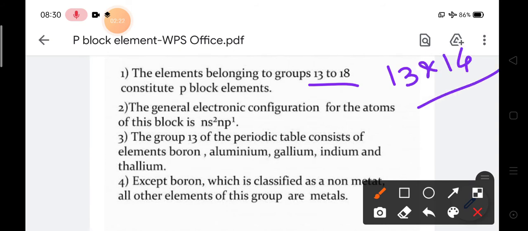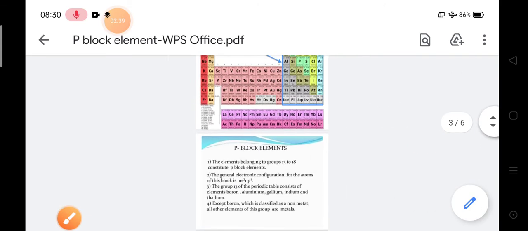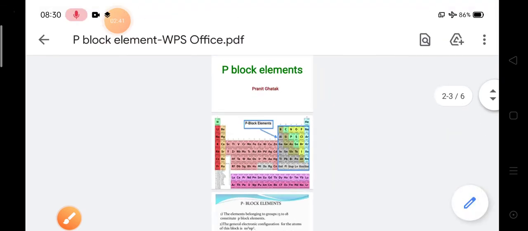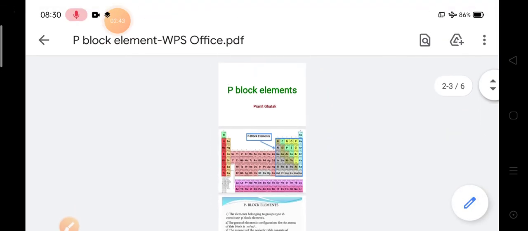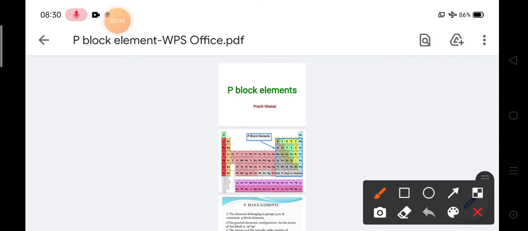The general electronic configuration of the atoms of this block is ns2 np1 to ns2 np6. So it depends on the group. I can give you a small idea of how, just by using the group, you can easily determine the electronic configuration. Suppose the group number is 13.